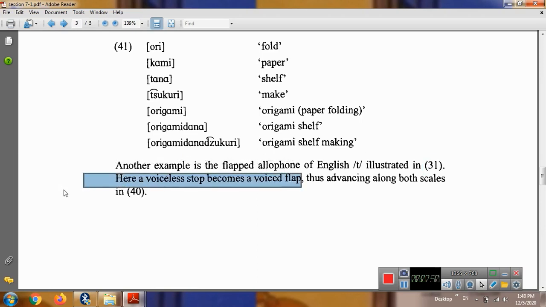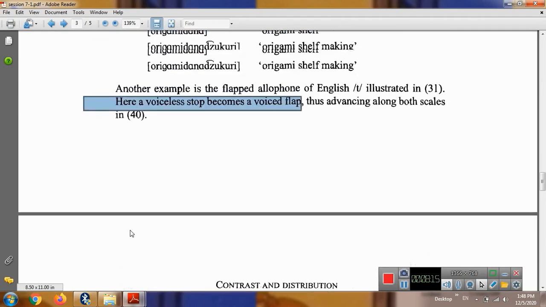The voiceless stops are more tense than the voiced one, and here itself is a lenition, and the stops are more tense than the flap. Here we have lenition in terms of the manner of articulation and in terms of voiceless and voiced sound, thus advancing along the scales in 13.